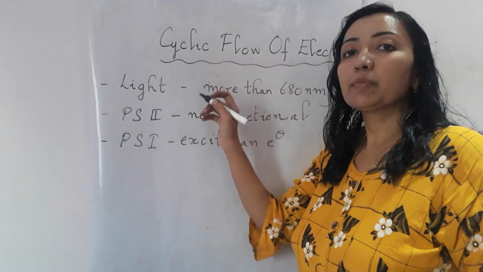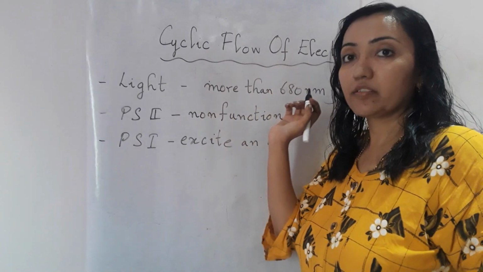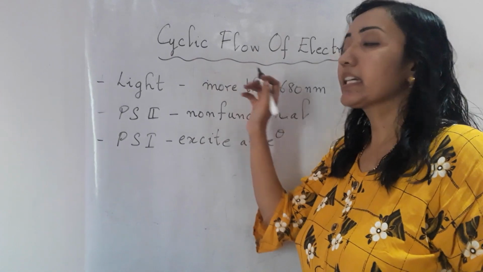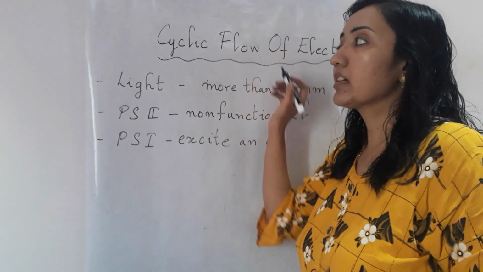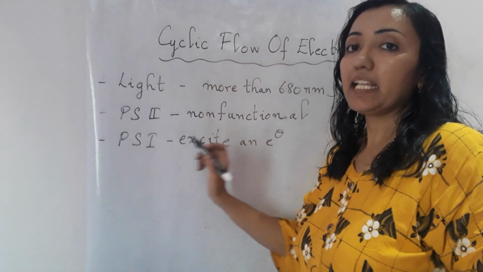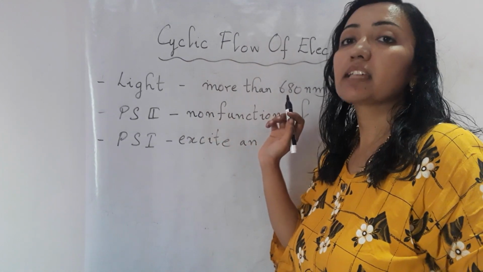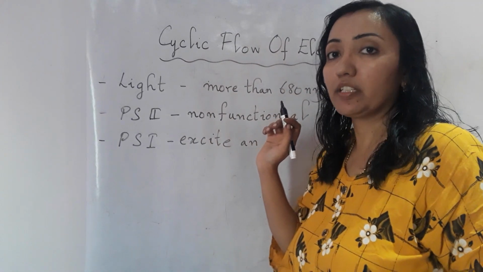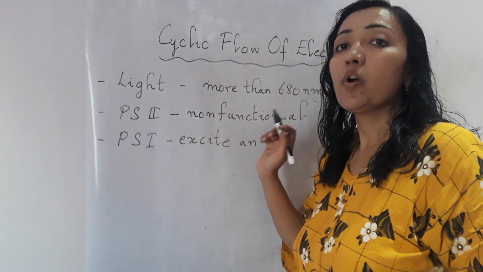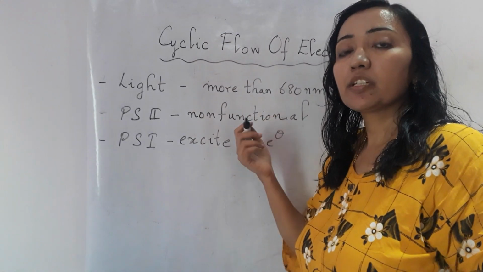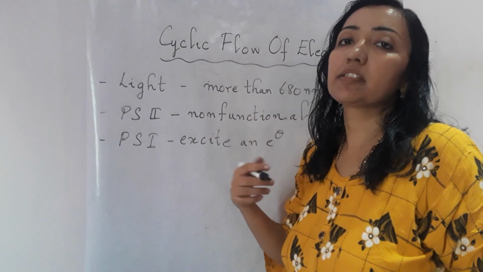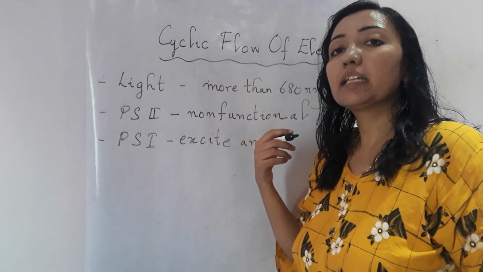Now, there is another process called cyclic flow of electrons, in which the electrons form a cyclic pattern. This is known as cyclic photophosphorylation, in which, in the presence of light, ATP is made.